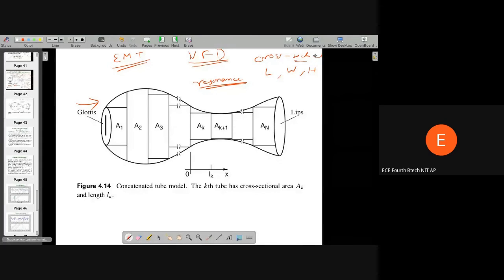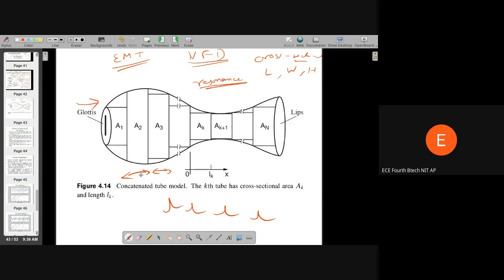Because they have different cross-sectional areas, this is a tube which you can divide into equal segments but with varying cross-sectional area. You will find that all of these tubes produce resonance, but some of them produce very strong resonance effects.